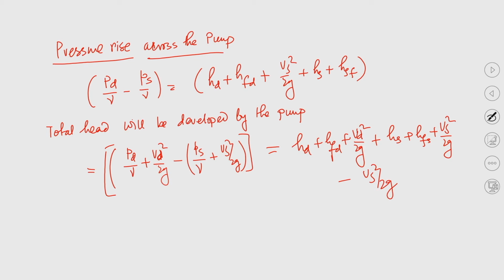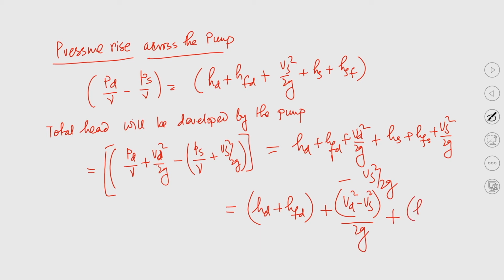So, we can write this equation in a different form: H d plus H f d, and again I am writing this is nothing but V d square minus V s square by 2 g, plus H s plus H s f plus V s square by 2 g, right. So, this is the delivery gauge reading that you can see, this is the suction gauge reading that you have seen, and this is the change in kinetic energy.